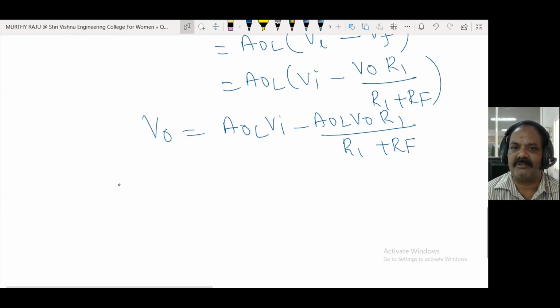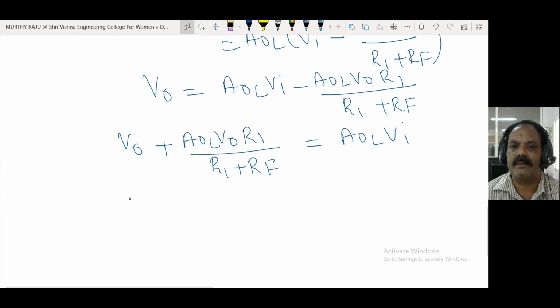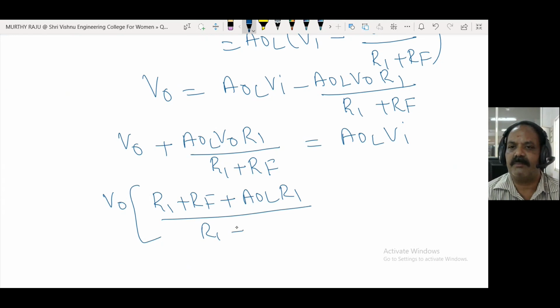Bring this expression here: V0 plus AOL V0 R1 by R1 plus RF is equal to AOL into VA. Here V0 is the common term: V0 into (1 plus AOL R1 by R1 plus RF) is equal to AOL into VA.